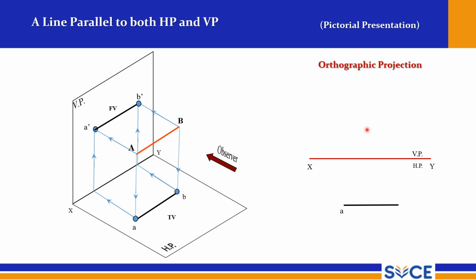Above HP we have the front view, and the corresponding front view is A dash B dash. This is another simple case where we have not seen the angle yet. So in the next case I am going to introduce the notation theta.